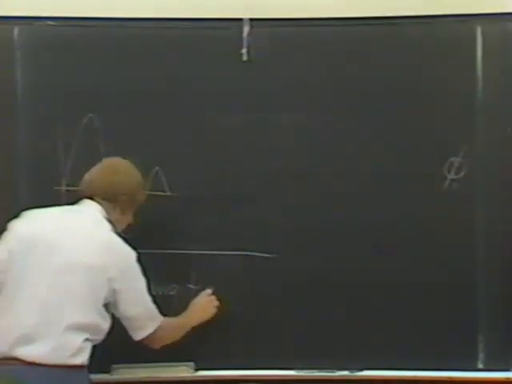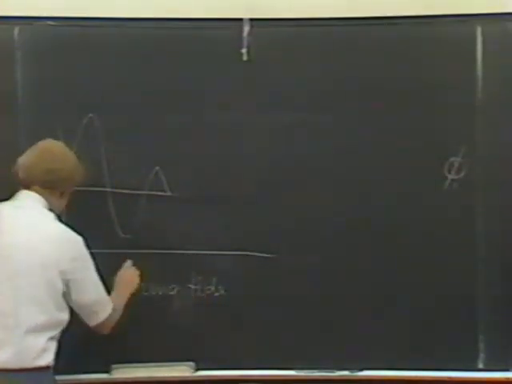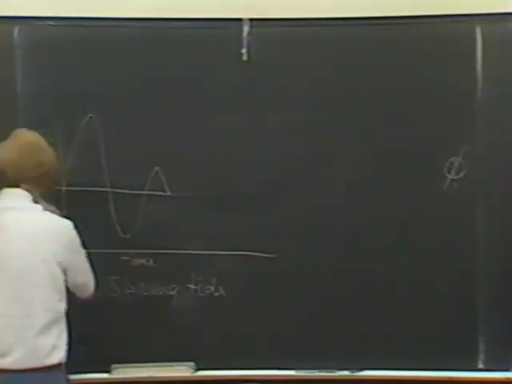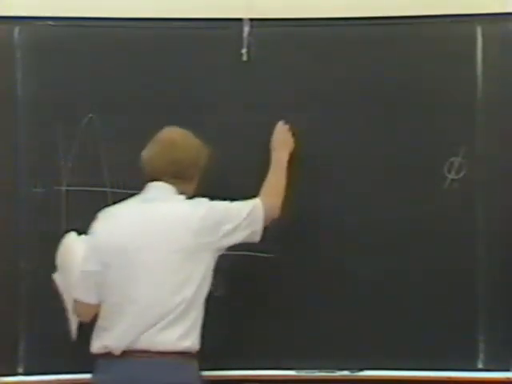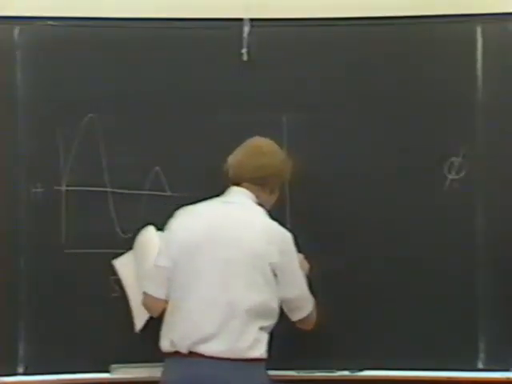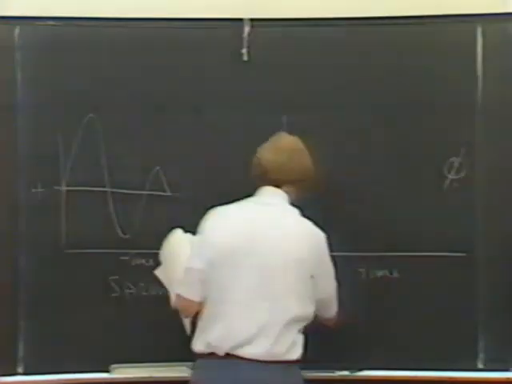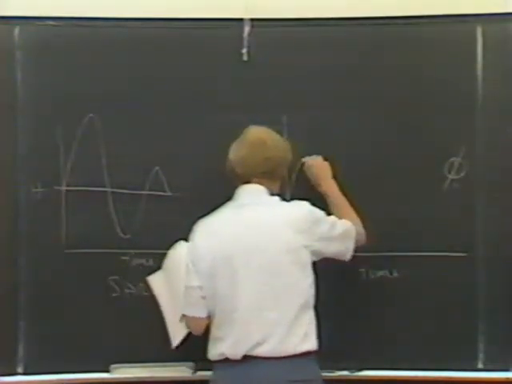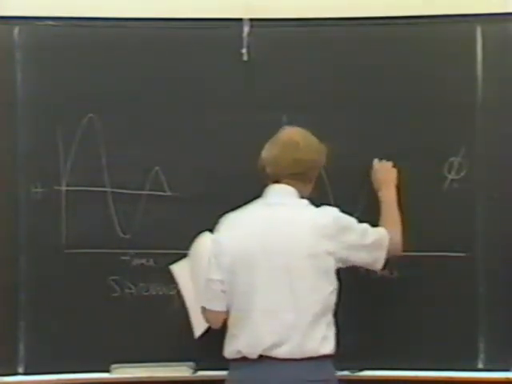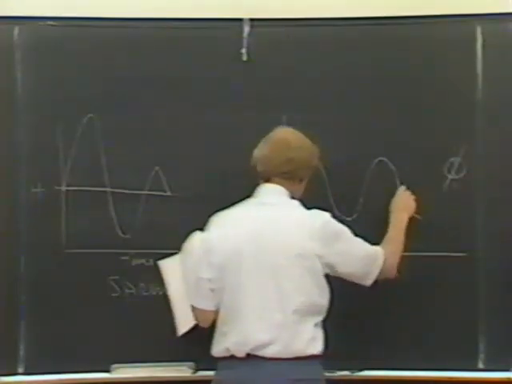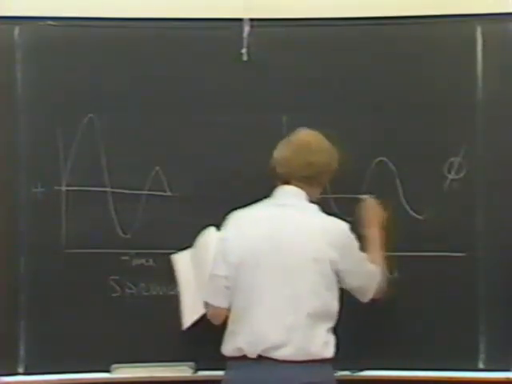This is time and age. And then it goes through a minimum where both highs and both tides during the day are about the same. And this is called a neap tide.